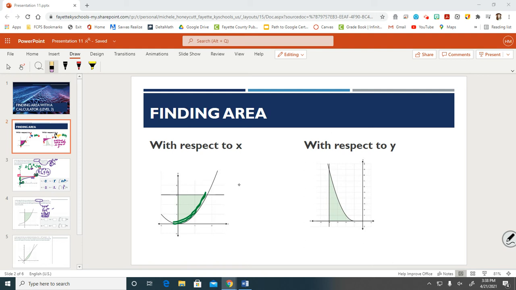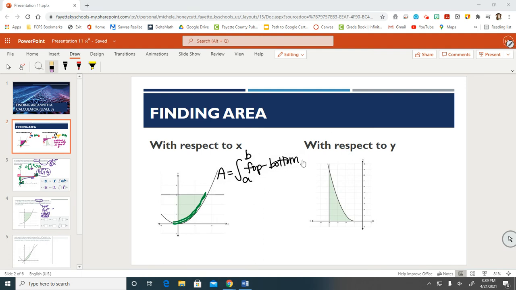So if I can see that this curve's on top, that curve's on the bottom, I can find that area by integrating from a to b of the top curve minus the bottom. Top minus the bottom.